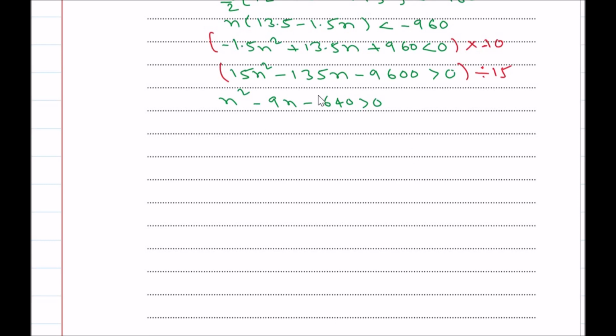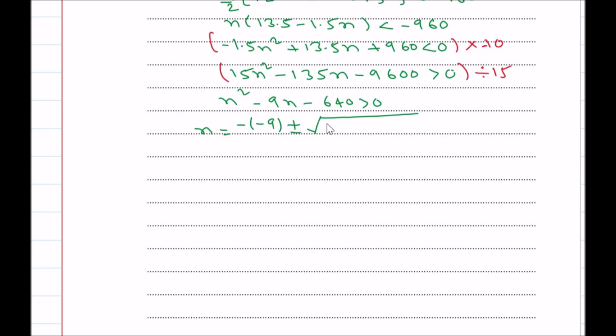Okay. So now let us consider this as an equation and let's solve for n. Minus b, so minus 9 because b value is minus 9, plus minus root of b square minus 4ac.